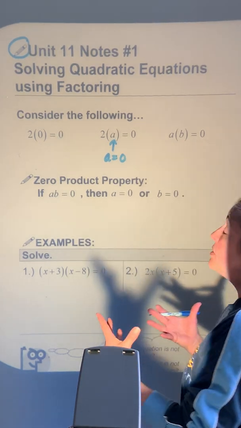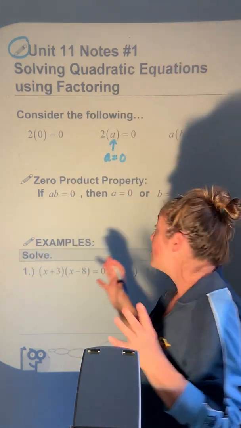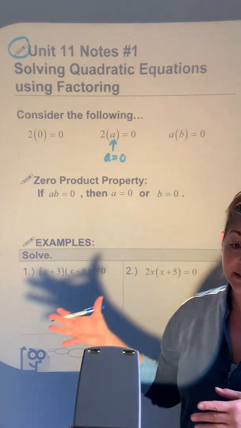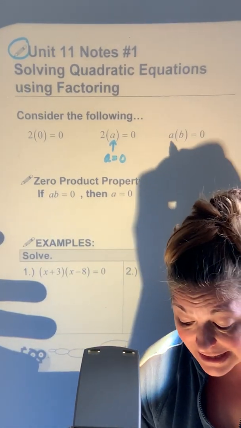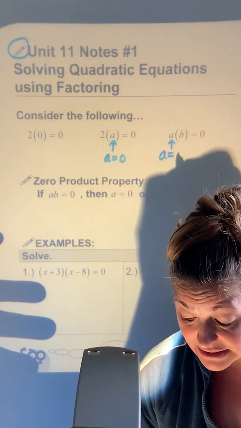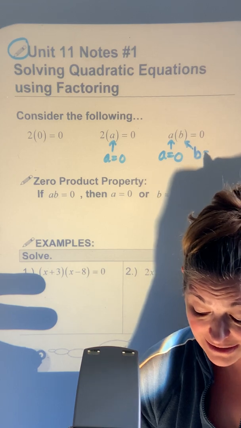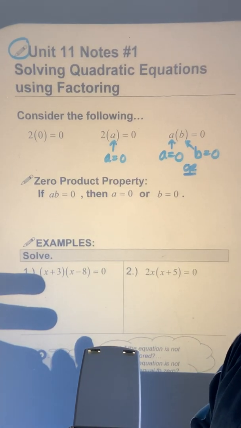I just have 2 letters, A and B, 2 variables. They could represent anything. But what I do know is that if I multiply them, I get 0. Well, if we think about that, then I guess this guy could be the 0, or I guess this guy could be the 0. It could be either or, we don't know.